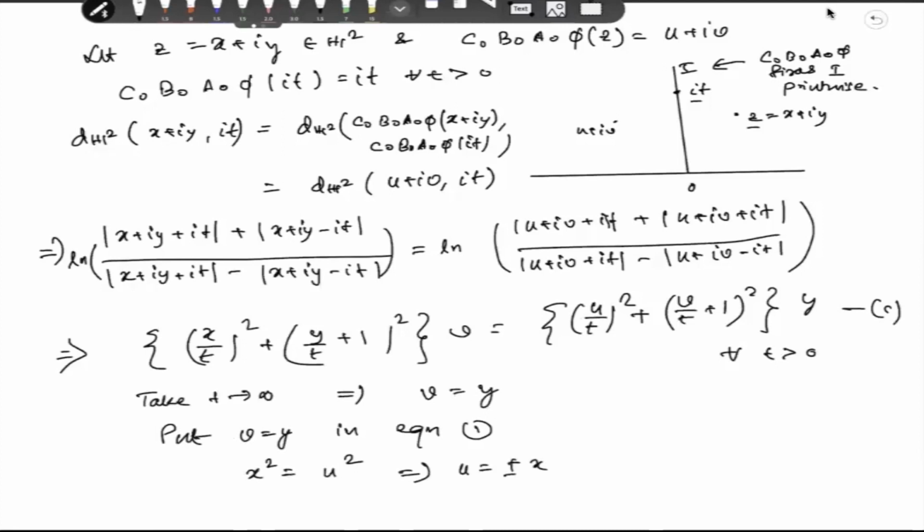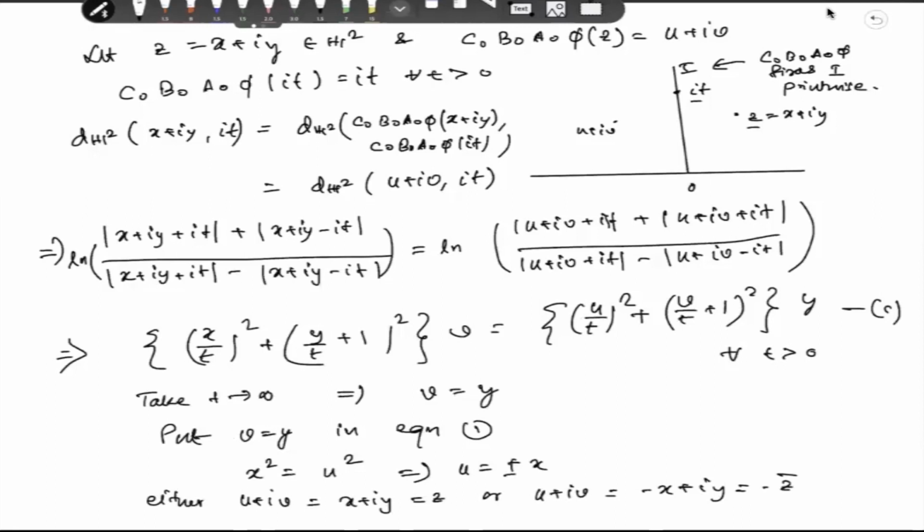Therefore, what we have proved is that either u plus ib is equal to x plus iy, which is z, or u plus ib is equal to minus x plus iy, which is minus z bar.